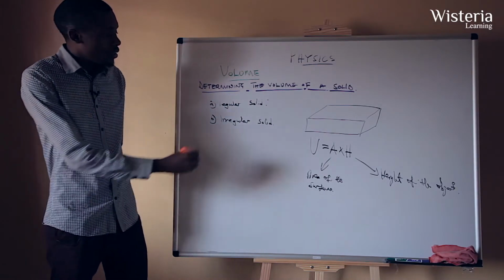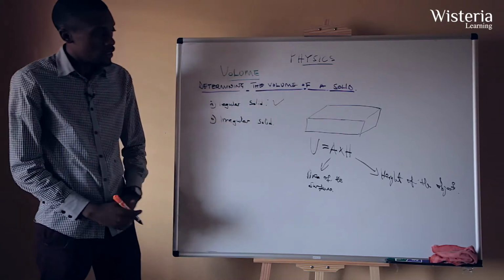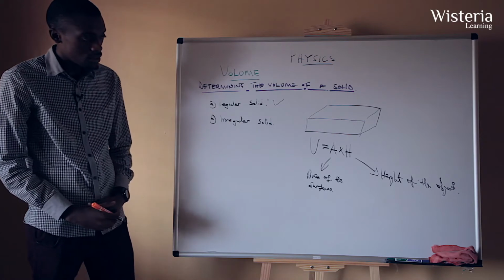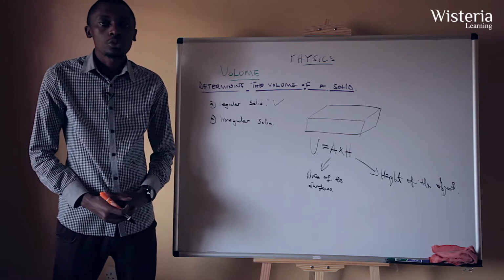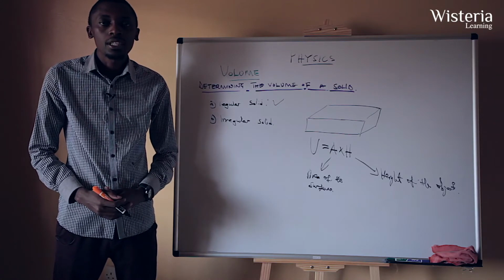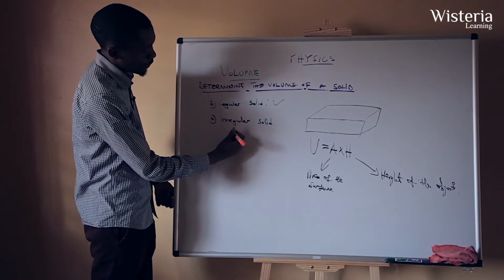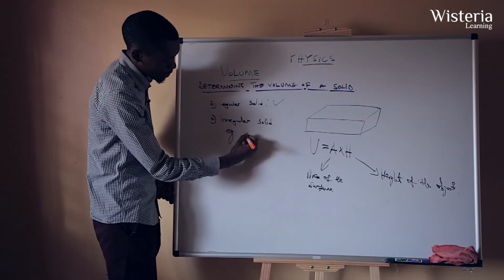Now, having looked at what regular solids are and how to determine the volume, we can move on to look at irregular solids. Irregular solids are objects that do not have dimensions that can be easily measured with a ruler. An example of an irregular solid is a stone.